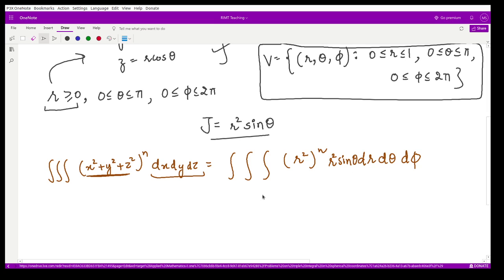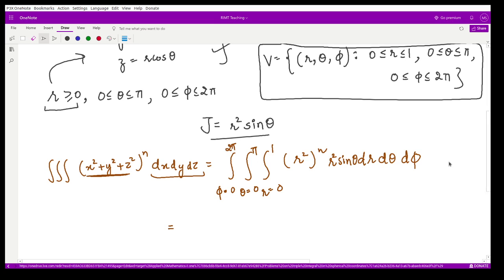And now you have to substitute the limits. The limits of r are from 0 to 1, the limits of θ are from 0 to π, and the limits of φ are from 0 to 2π.